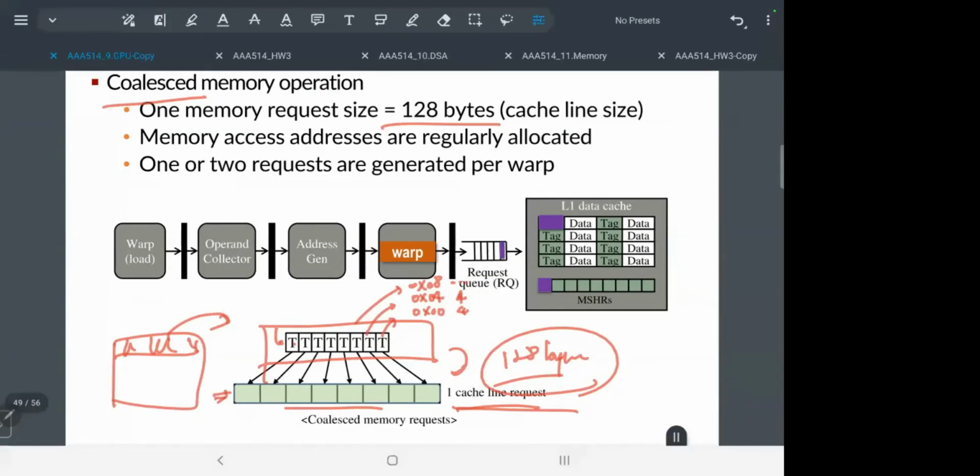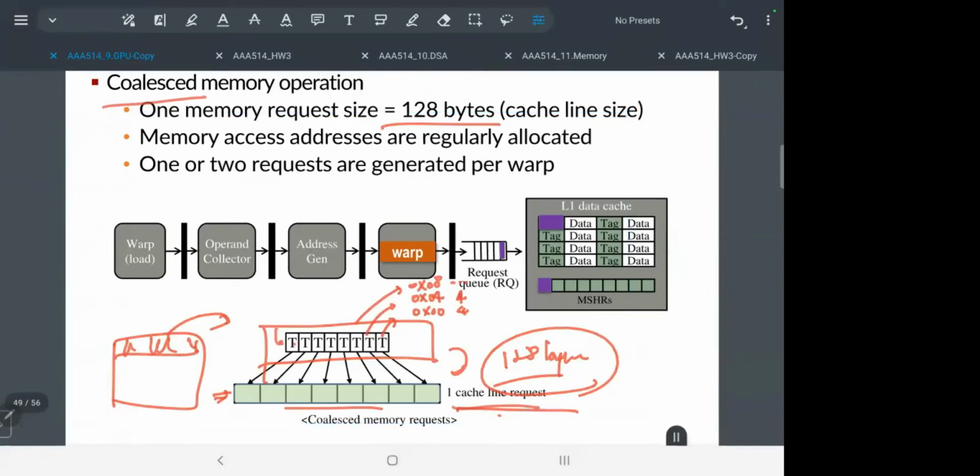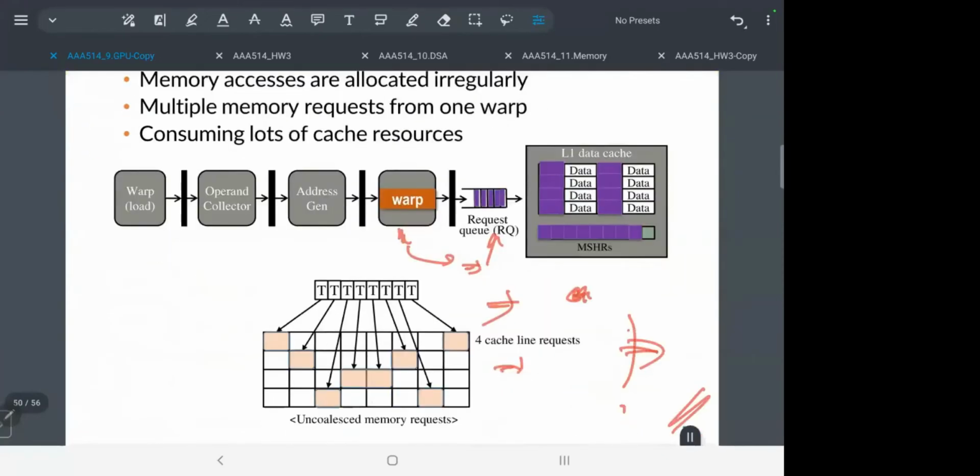This is the best case, where multiple memory transactions can be merged into a single transaction. But sometimes these requests are divergent. Here is another example of memory transactions from a warp.